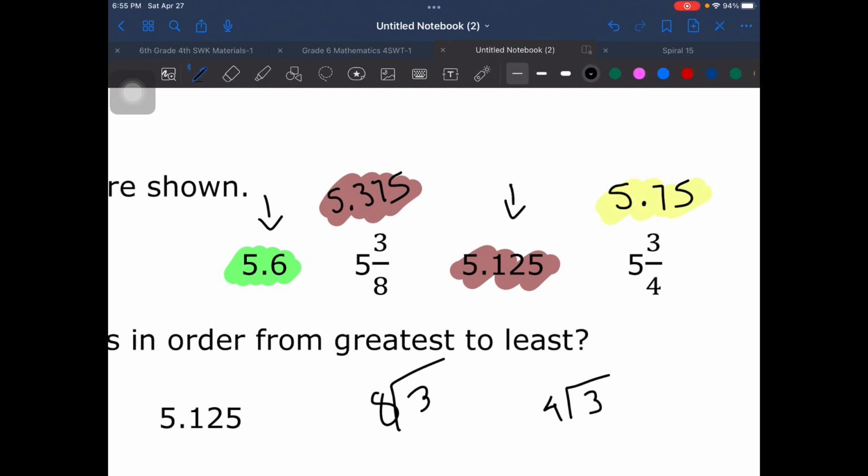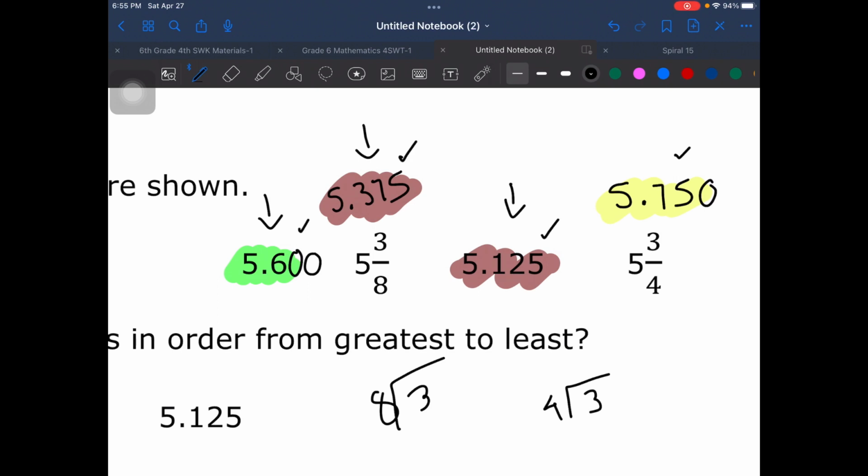So what you can do is, well, since this one has 3, como ese tiene 3 decimales, agrega 2 ceros y agrega un 0 aquí. Now, if you add those zeros, every single decimal has 3, and you can actually compare which one's bigger and which one's smaller.